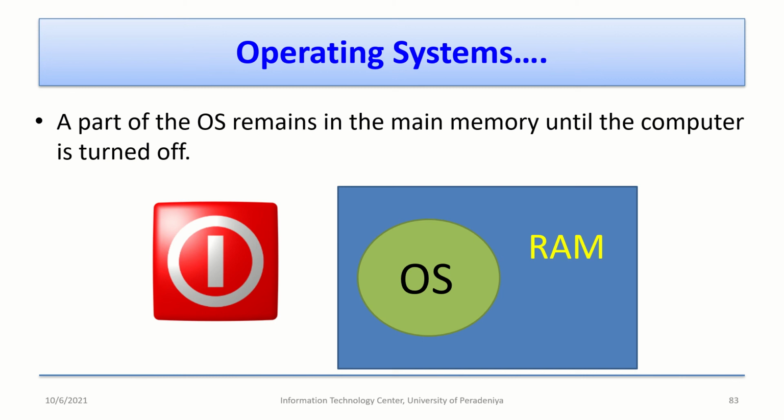That is, the main part of the operating system is always stored in the main memory, right? Actually, the kernel part of the operating system is stored in the main memory during the working time, right?